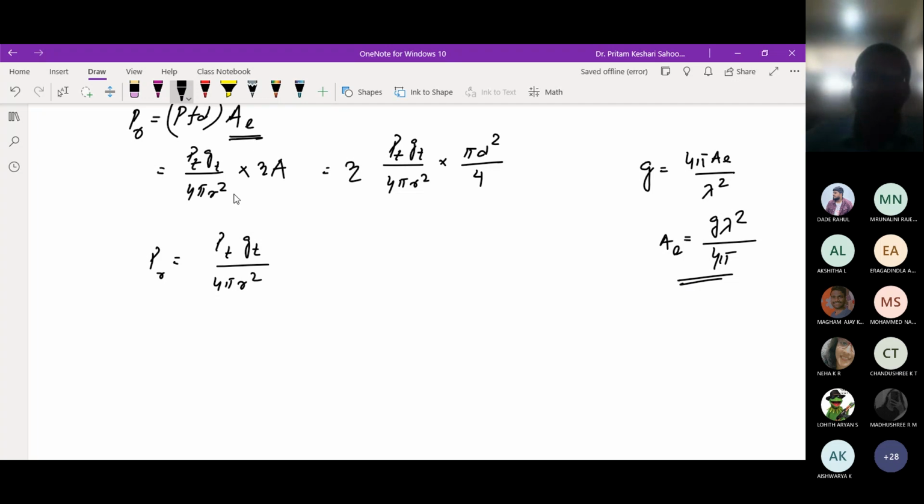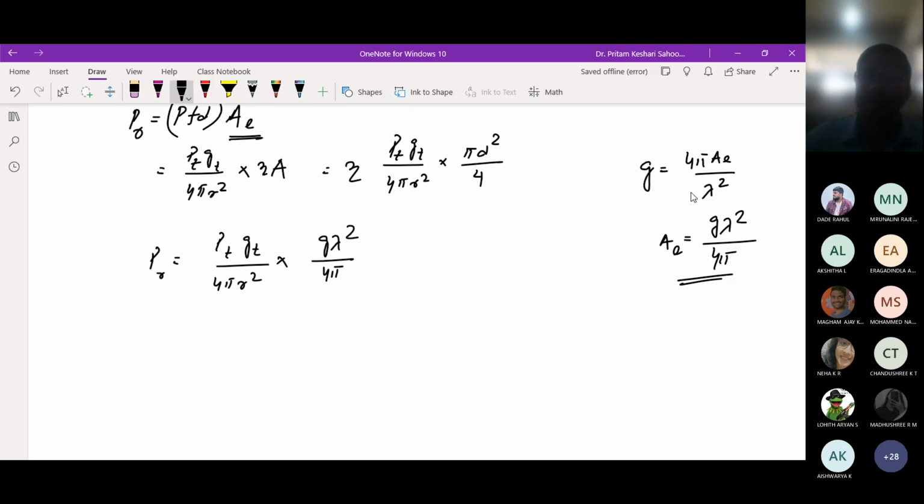So we know the power flux density, multiplied by the AE value, G into lambda square divided by 4 pi. What do you mean by G? G is the gain of the antenna. Transmitter or receiver antenna? It is the receiver antenna. Why?